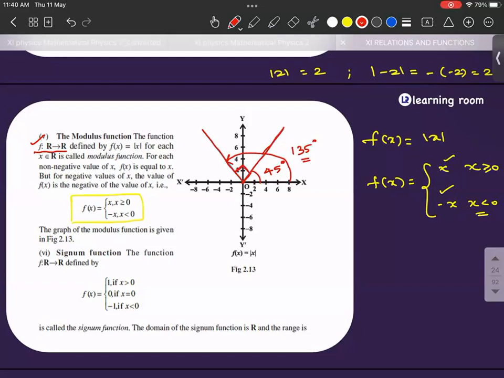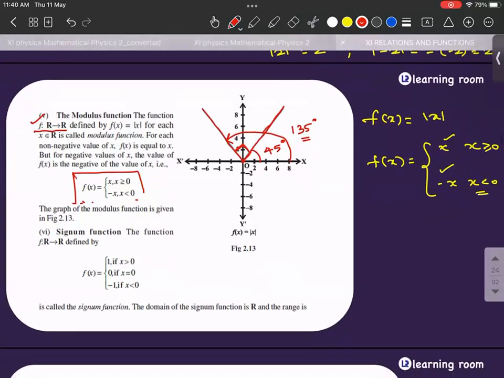So you will get a V-shaped graph for the modulus function. This is what you need to understand. Make a note of this.